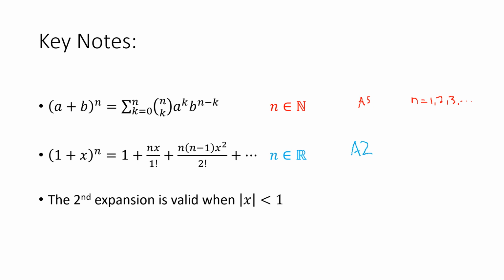So that means it could be a negative number, like -1, or it could be a fraction, like a half. The caveat to this second expansion is that, firstly, it's an infinite series now, so we have infinitely many terms. And also this expansion only converges when the modulus of x is less than 1.